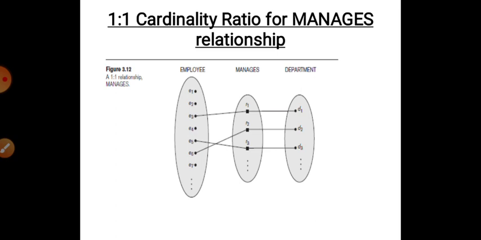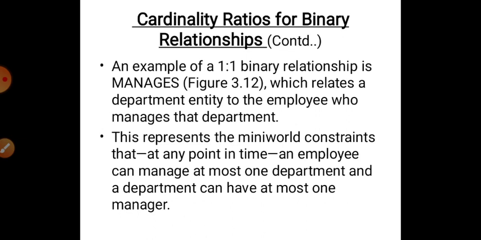Here the left side set is the employee entity, the right side set is the department entity, and in between is the relationship manages. So an employee manages a department, and such an employee is called a manager. For every department there will be one manager, and that is the real life situation. In real life also, for every department there will be only a single manager, and one manager will mostly control one department.